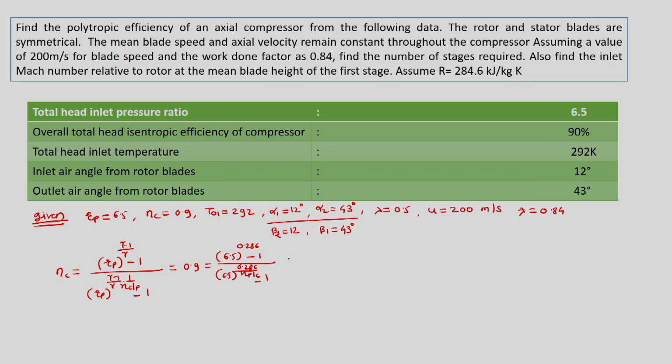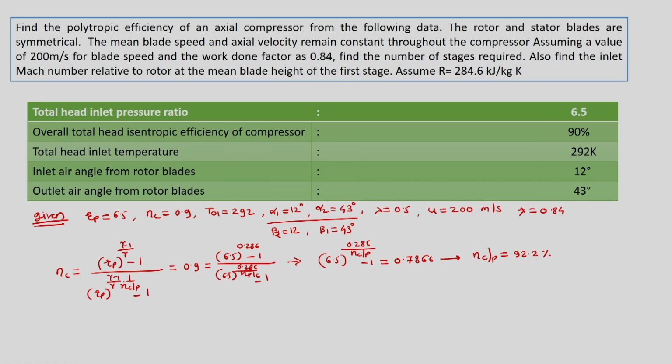So we will get from here 6.5 raised to 0.286 divided by polytropic efficiency of compressor minus 1 is equal to 0.7866. From here we can find the compressor's polytropic efficiency and it turns out to be 92.2%.